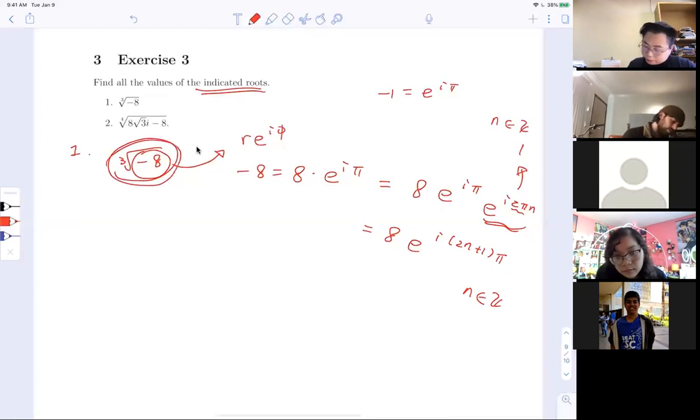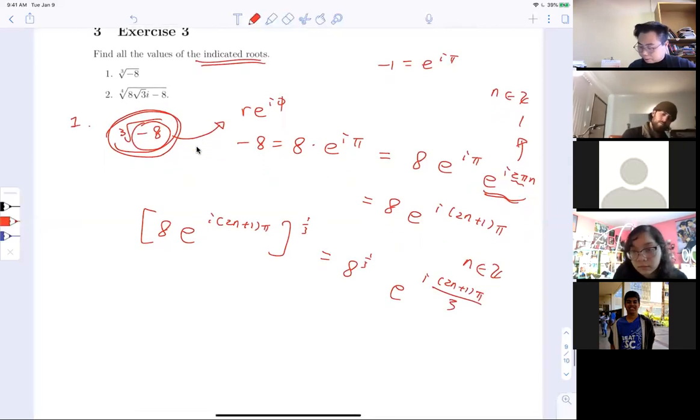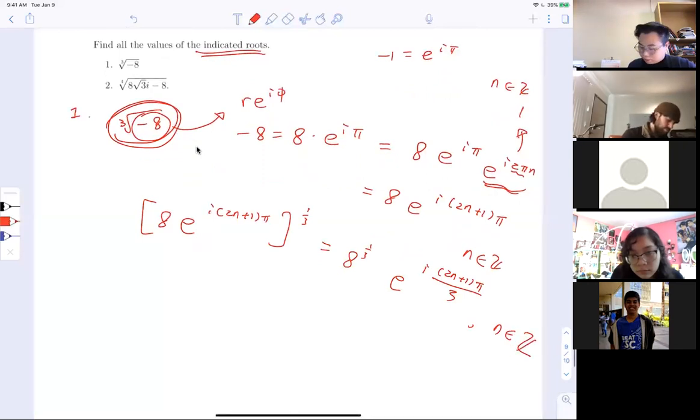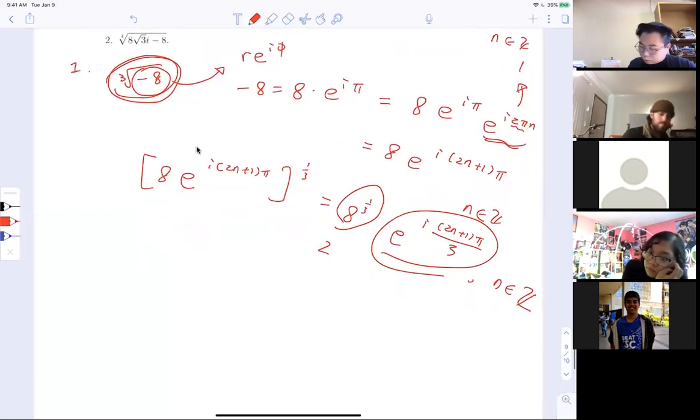So this is nothing but something like this, where n is an integer. This is 2. So you can try it by yourself.